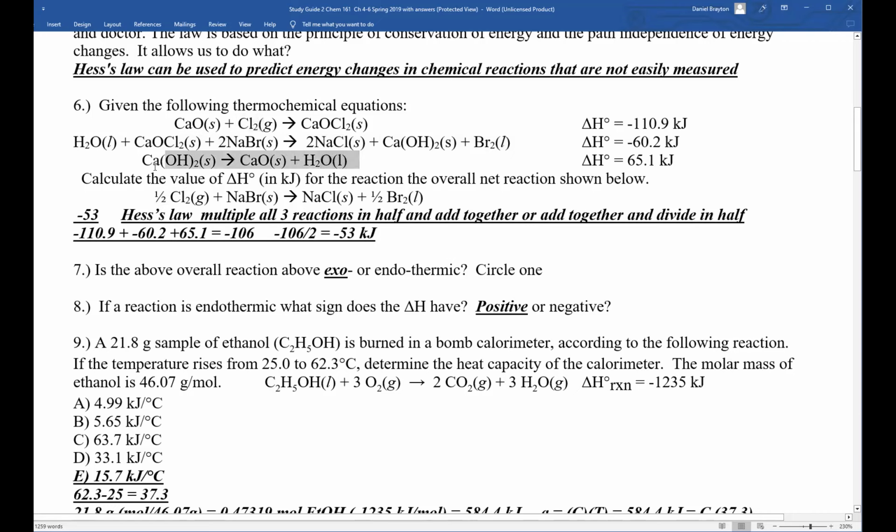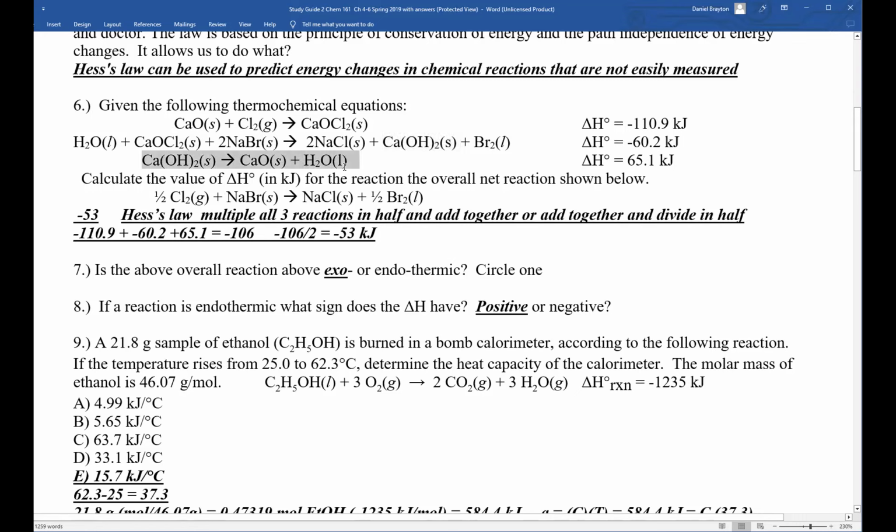Then everything from reaction 3 isn't in the overall reaction. So that means you just need to cancel it. And if you look above, say, reaction 3, reaction 2, the calcium hydroxide, the coefficients match. And since we're multiplying reaction 1 and 2 by 1/2, we must multiply reaction 3 by 1/2 as well.